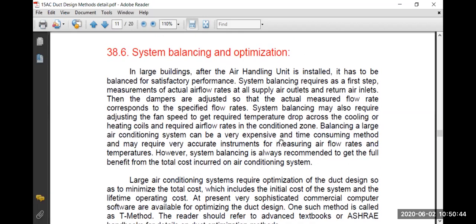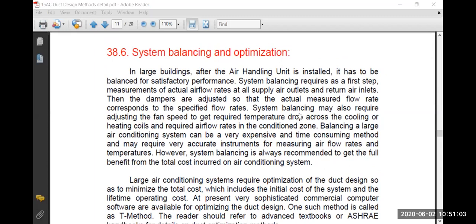ASHRAE has made a regulation that the consultant who is designing the HVAC system is responsible for accurate commissioning of the system also, because on the commissioning of the system depends the performance of the system, how it will perform.